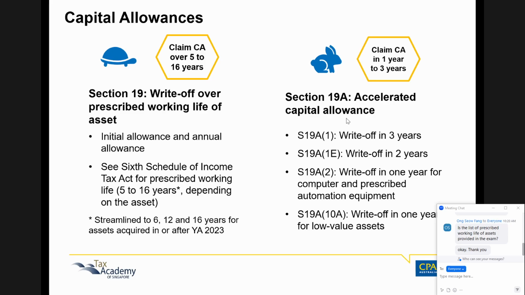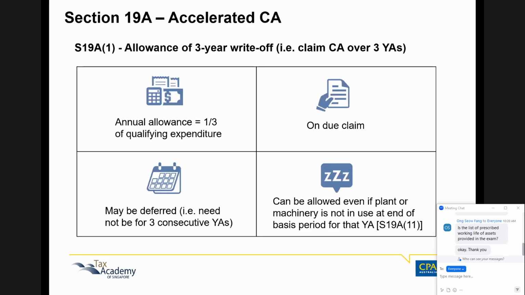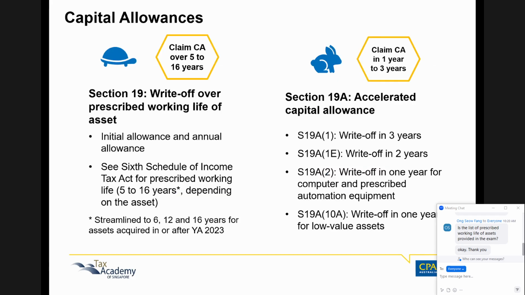Usually this CA will be claimed within 1 year, you can claim everything, or up to 3 years, depending on the type of asset. So we'll look at them in detail. Meaning we are looking at the CA under section 19A. We have supplementary slides on section 19, which you may still need in the course of your work, but exams will be section 19A.